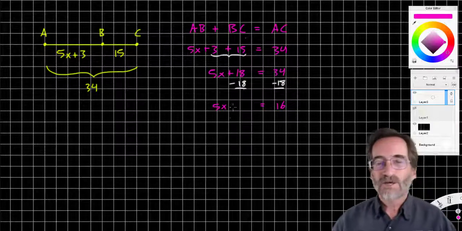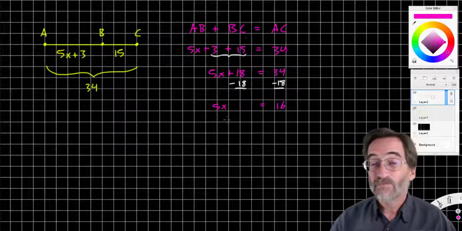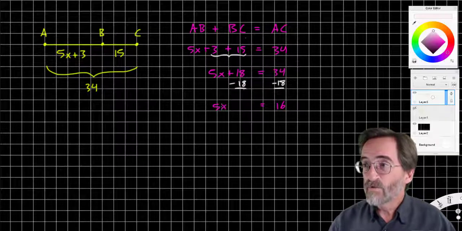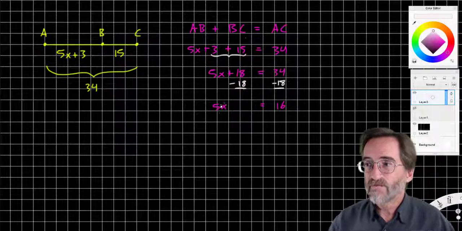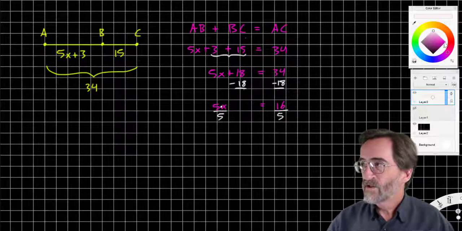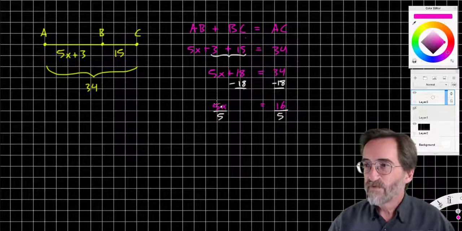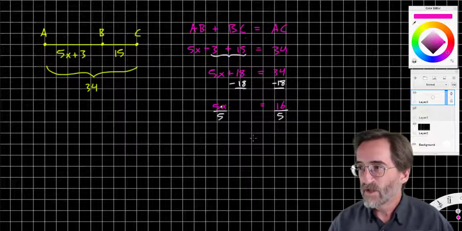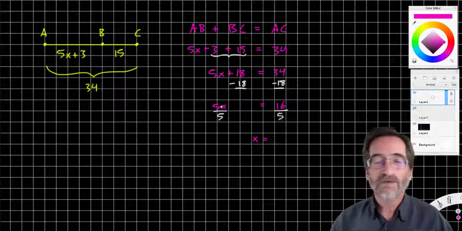I like to set up the problem so that we don't have decimals, but we're going to get a decimal here. So now I want to get rid of the times 5 by dividing 5 on both sides. 5 divided by 5 cancels out, leaves 1, and 1x is x. So we get x equals 16 divided by 5.